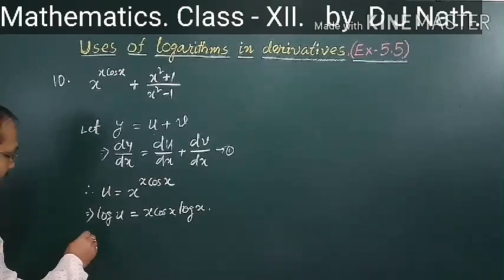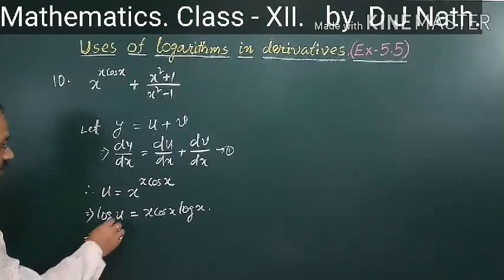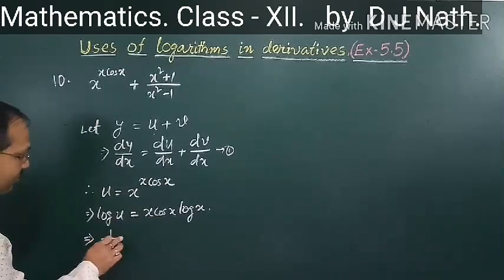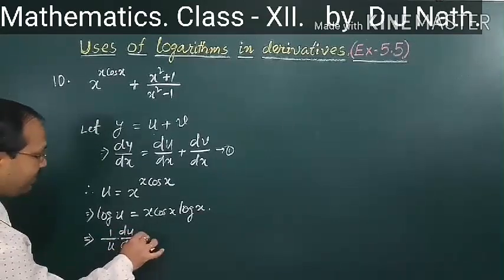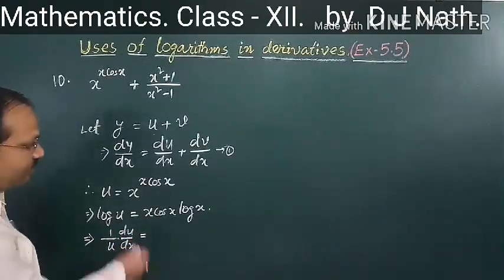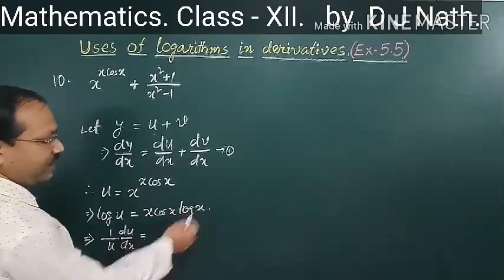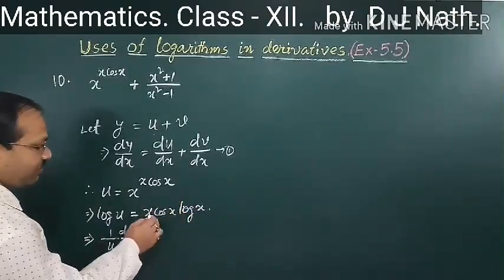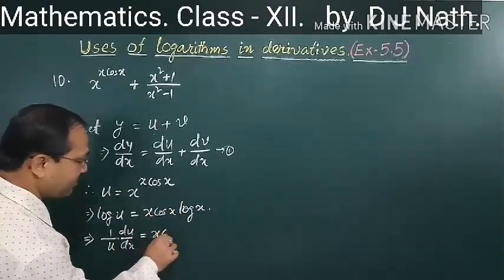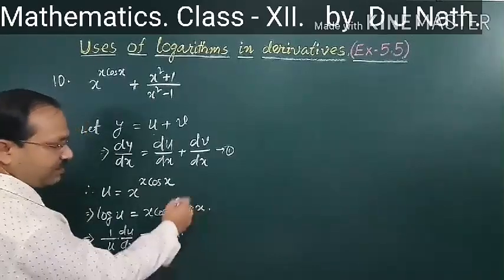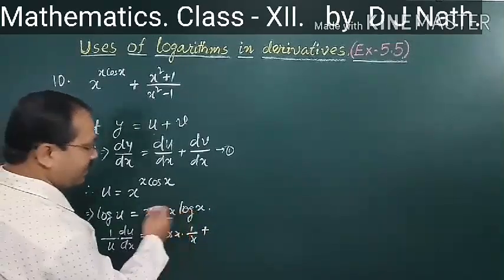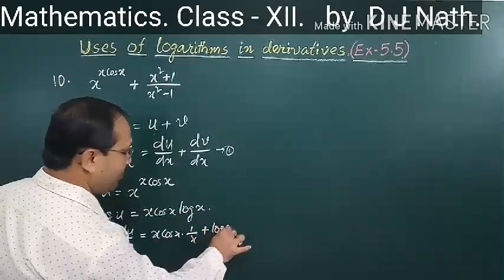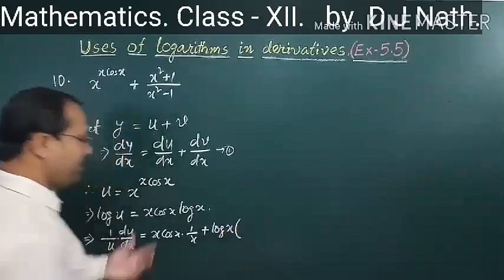Okay. So no problem. We will do the differentiation, 1 by u into du/dx is equal to, so we will consider that this one is one term, this is another term. So x cos x into d/dx of log x is 1 by x, plus log x into d/dx of x cos x.